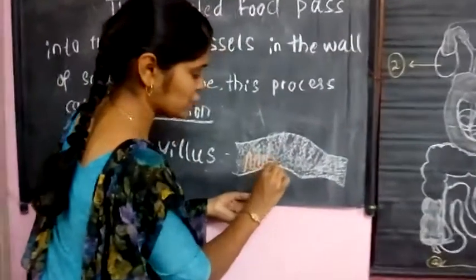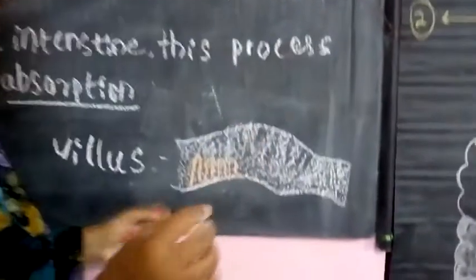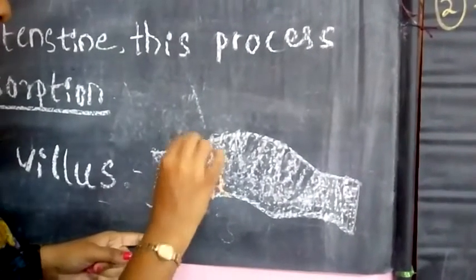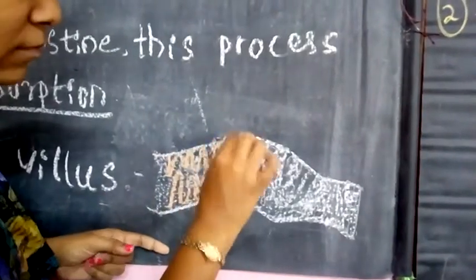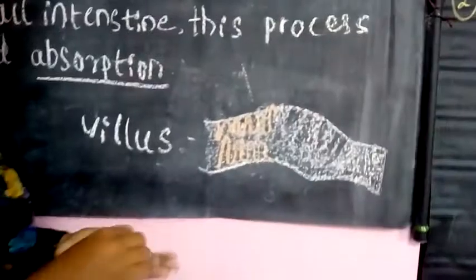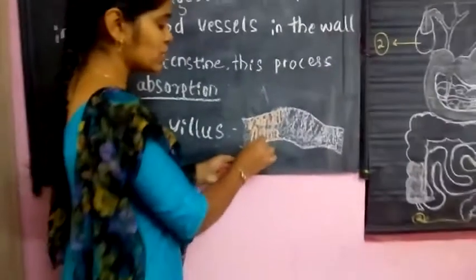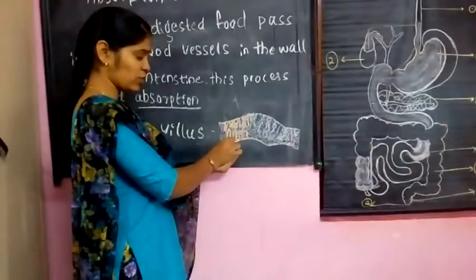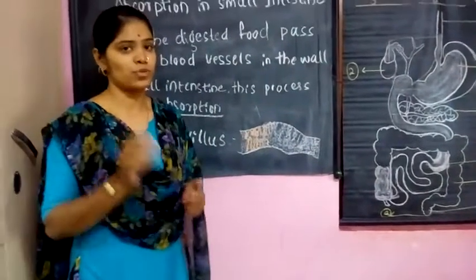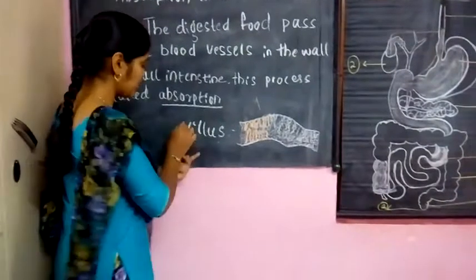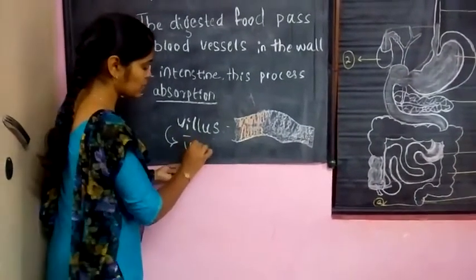Here I am showing the finger-like structures present in the inner wall of the small intestine. Are you looking here? So these are the finger-like outgrowths which will help to absorb the food materials. Villus is the singular form and the plural form is villi.